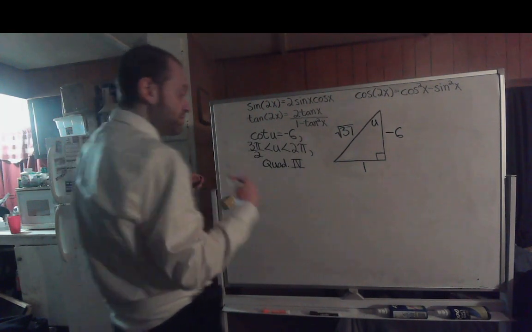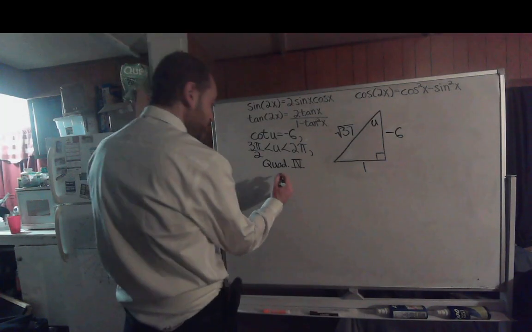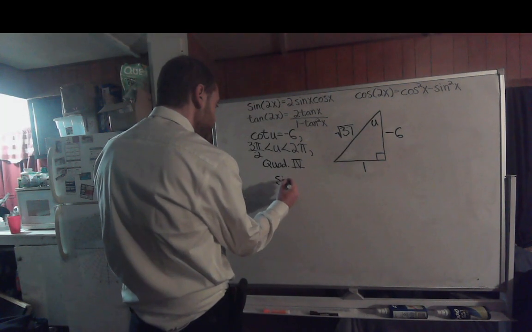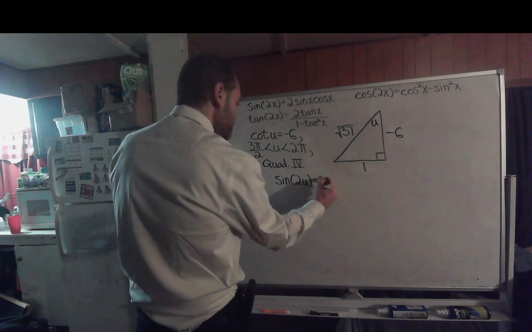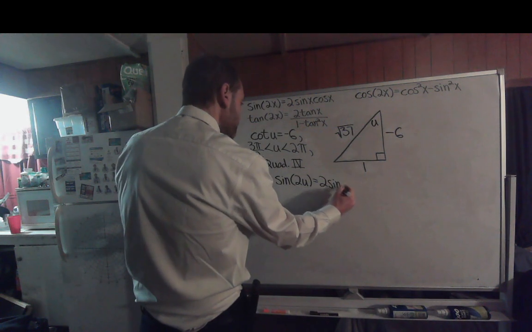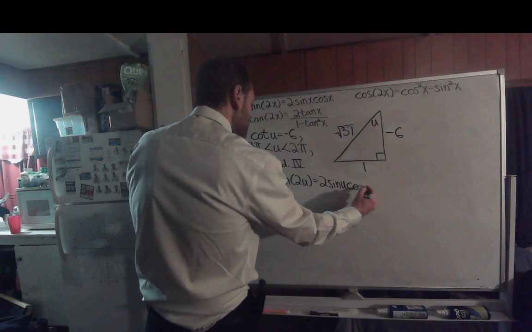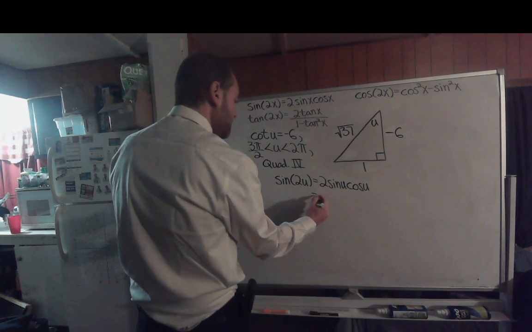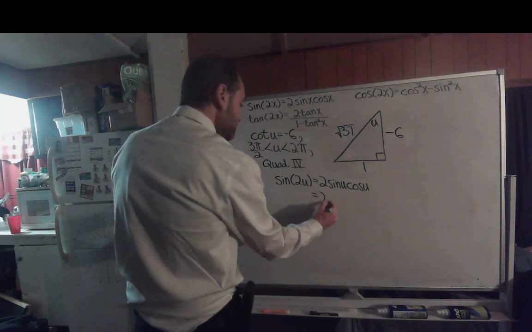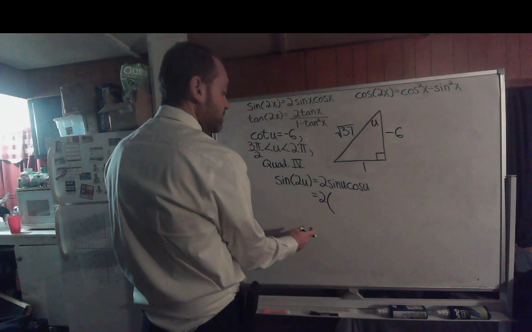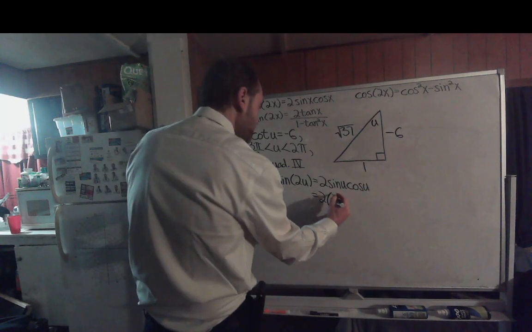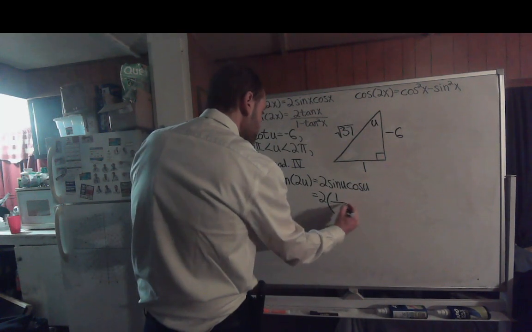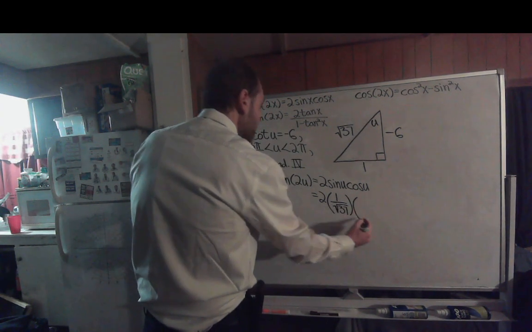And let's go ahead and find the double angles for the sine, cosine, and tangent. So let's start with the sine of 2u. That equals 2 times the sine of u times the cosine of u. Now we just got to plug these values in. 2 times what is the sine of u? That's opposite over hypotenuse, so that would be 1 over the square root of 37 times what's the cosine of u?